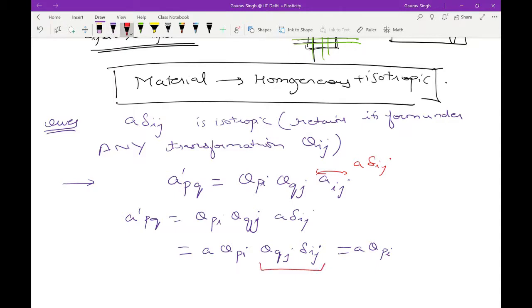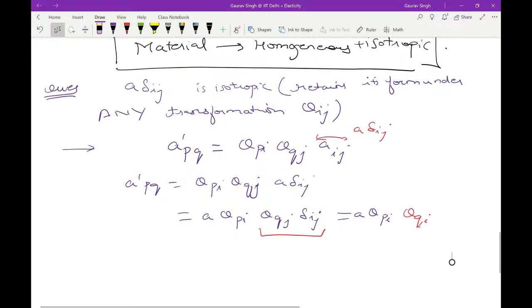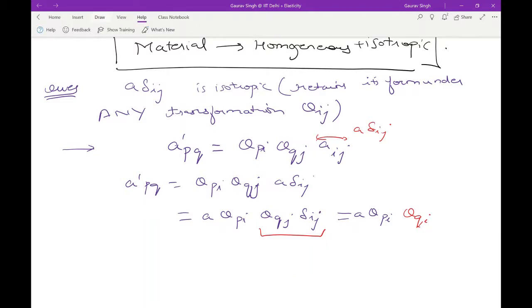This particular thing can be written as A Q_pi Q_qi. The reason this can happen, two ways. One is that you can expand and see. I think we had also done a property about this.